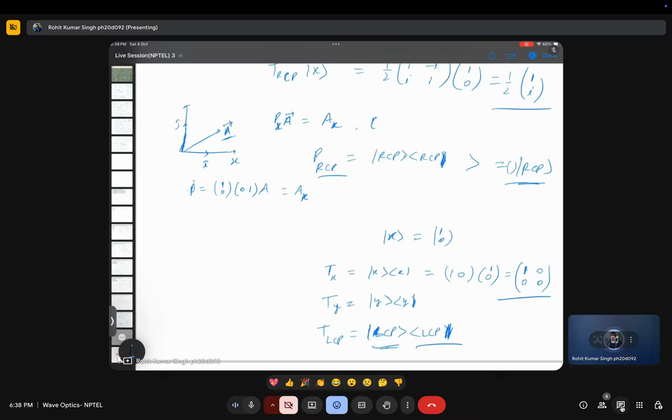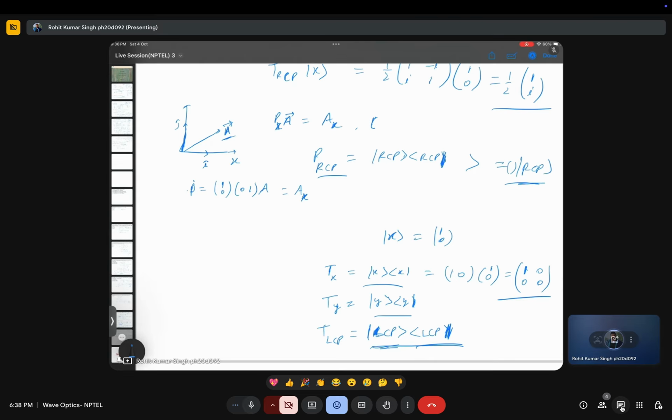So do you understand what I mean by the projection matrix? Yes, sir. Okay. A little bit. Yeah. If you think of it in terms of vectors, it will be clear.